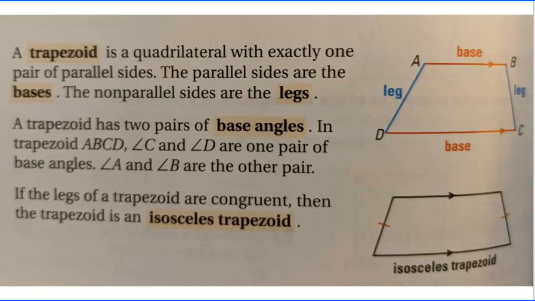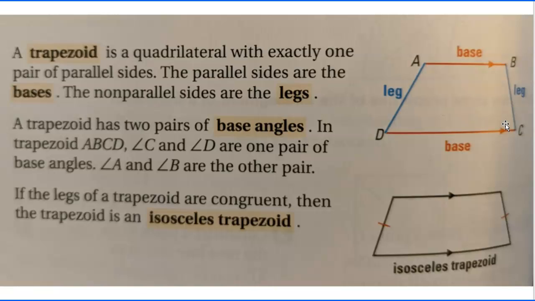The parallel sides are the bases. So in this diagram here, you can see the base lines are in red. Those are the ones that are parallel. The ones in blue are the non-parallel lines, and they are the legs. Those two lines, if they continued onward, would eventually meet. Our parallel lines will never meet.